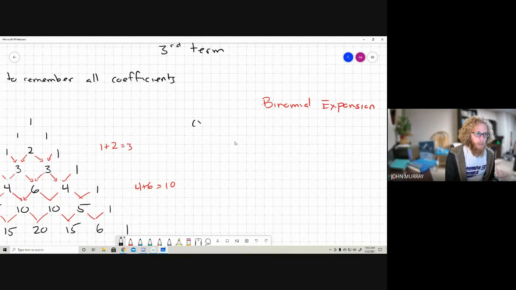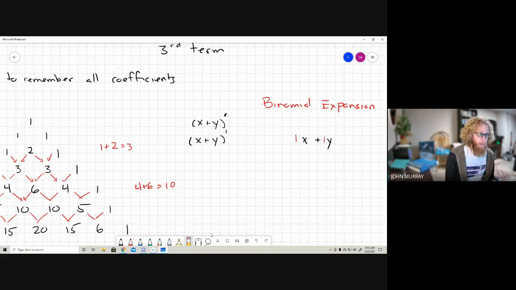So first, let's just deal with x plus y. We would have x plus y to the 0, and anything to the 0 power is just 1. Then I'd have x plus y to the first, and that would be x and y, and their coefficients are 1 and 1.